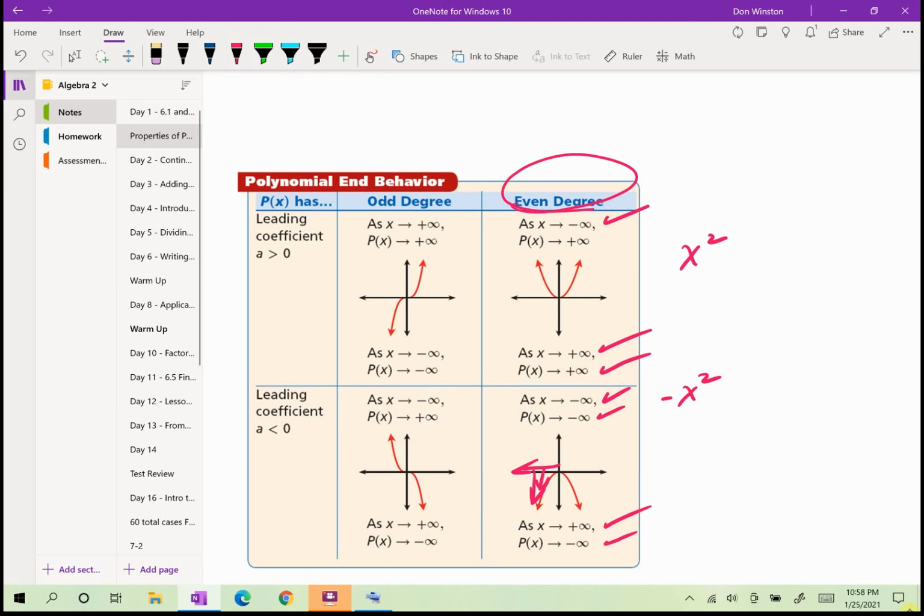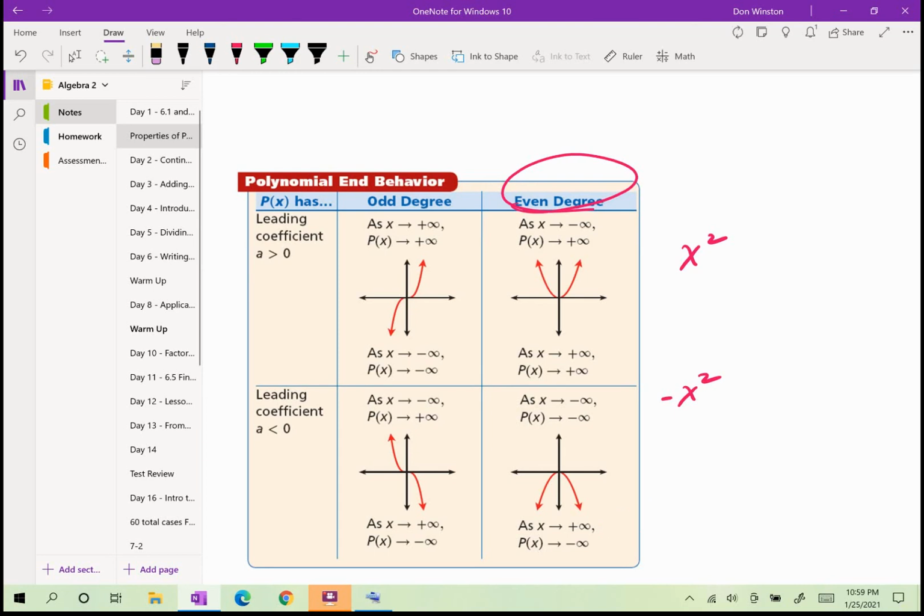Again, for even degree polynomials, the ends will go in the same direction. If the leading coefficient is positive, the y values will go to positive infinity. It's a happy graph. If the leading coefficient is negative, for even degree, the y values will go to negative infinity. The ends for even degrees go in the same direction. They're going to the same place.